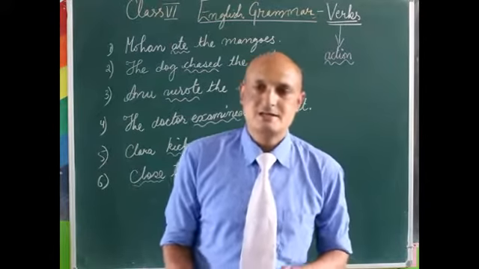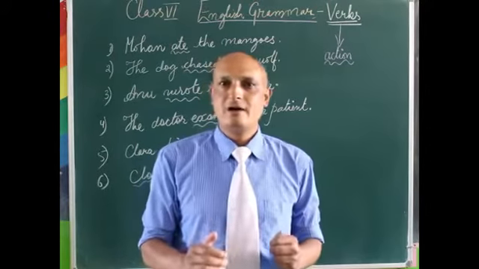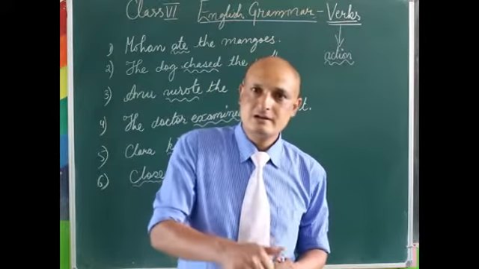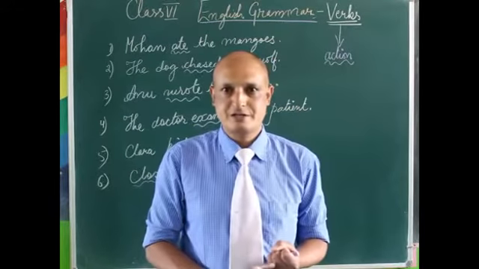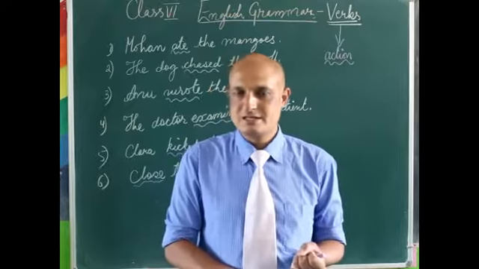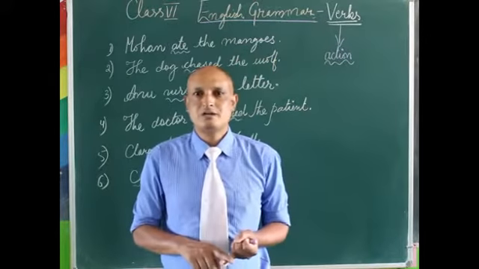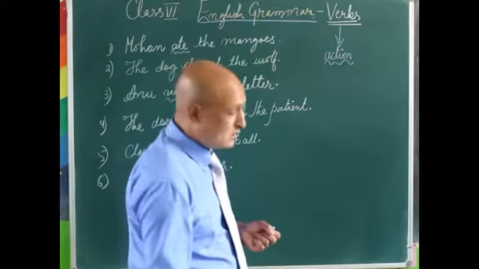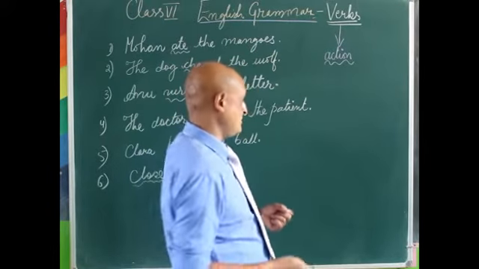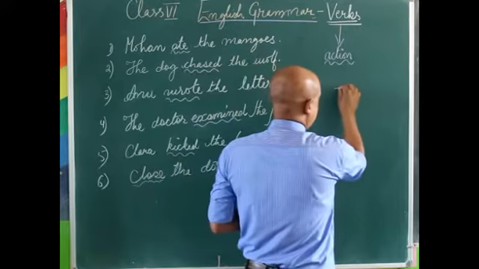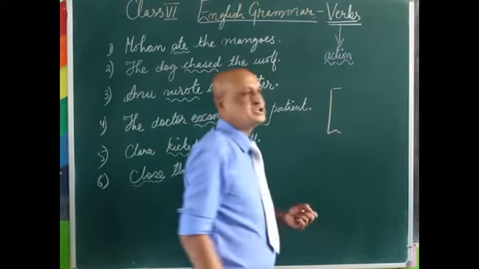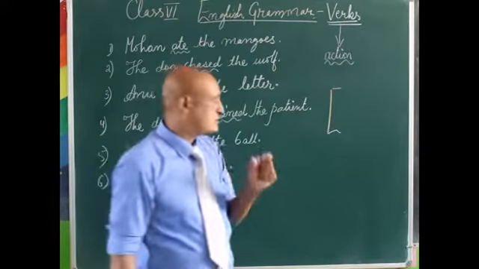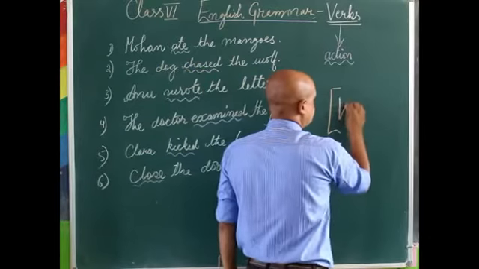And in a sentence, a verb can have a direct object or an indirect object. To find out which is a direct object or an indirect object, we need to question the verb with what.